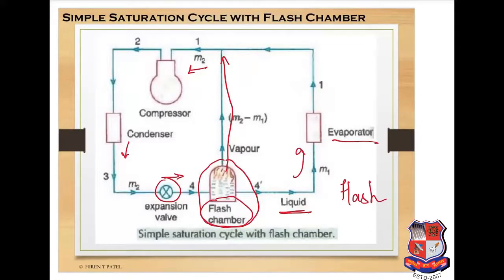Now consider that a certain amount of refrigerant is circulating through the condenser. This refrigerant after passing through the expansion valve is supplied to the flash chamber, which separates the liquid and vapor refrigerant. The vapor is directly transferred to the compressor and the liquid is transferred to the evaporator.